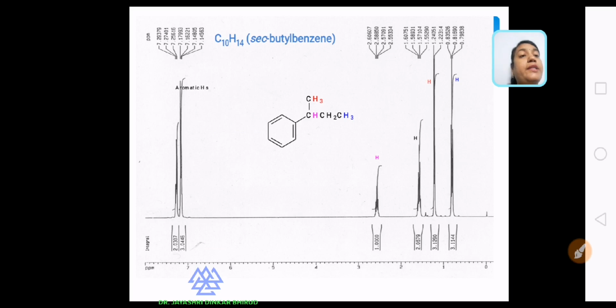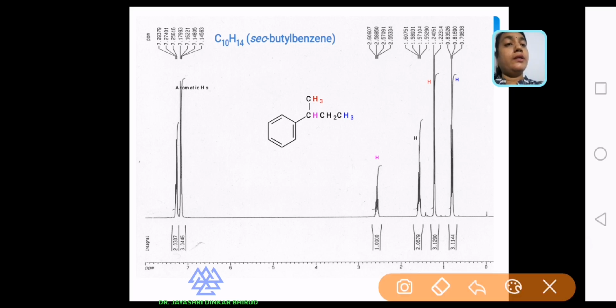See here, this is the example of an aromatic chemical compound, and the name is secondary butyl benzene. In this aromatic compound, the number of protons is larger. So see here, the CH3 groups are in different chemical environments.